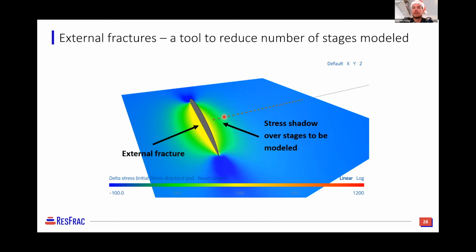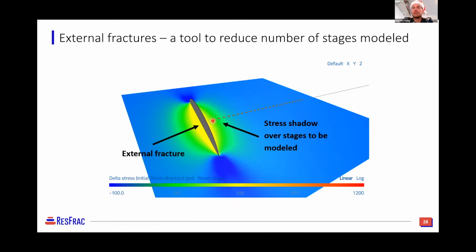So you can see here are the perforations that I'm going to model. And so my matrix region actually ends right about where my red cursor is. And then I've placed this fracture outside of the matrix region and given it a net pressure, which is also time dependent.